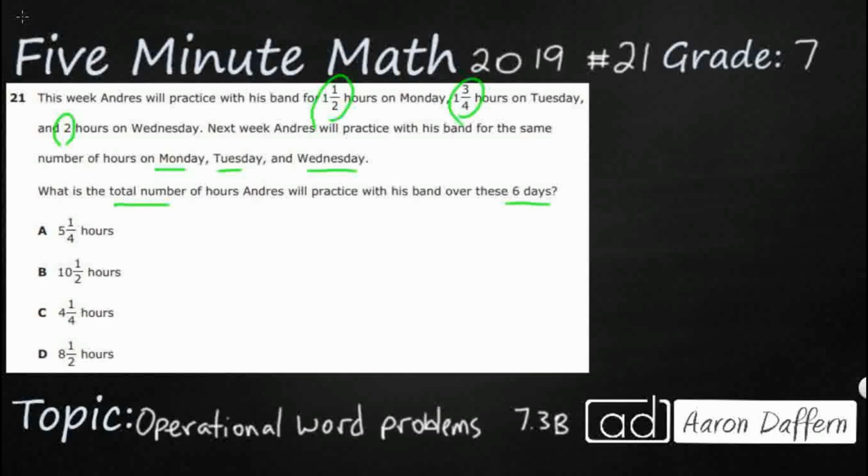So we're just adding a whole bunch of fractions and mixed numbers, but let's see what happens if we do it visually first, because we can do it visually and then we could do it without drawing pictures. So I'm just going to draw Monday. All right, so here's my Monday. I've got 1.5.